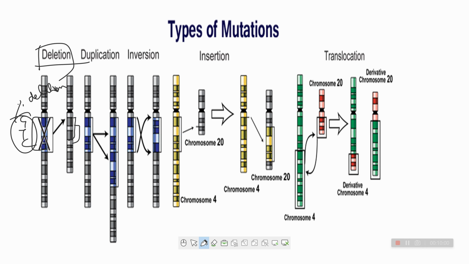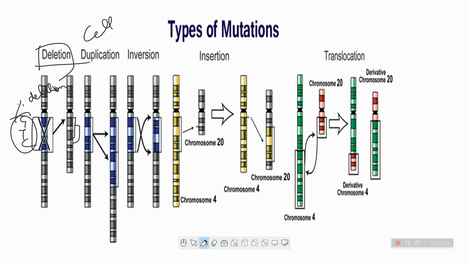When cell division takes place, there are two types of cell division, meiosis and mitosis. In meiosis, crossing over takes place in prophase I. In that crossing over, sometimes recombination or nondisjunction takes place.